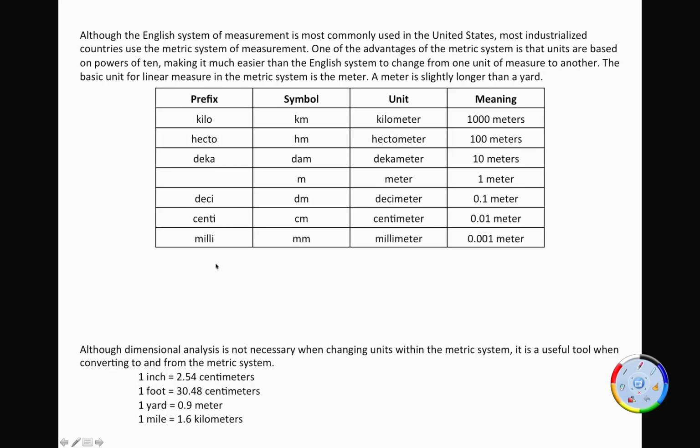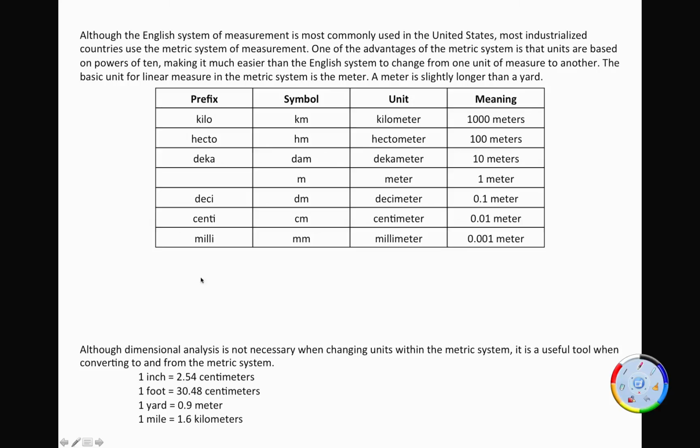But again, just to get an idea of what a kilometer equals, about half a mile, right? So if somebody tells you that the gas station is 10 kilometers, oh, well, I know a kilometer is about half a mile, so it's about 20 miles to the nearest gas station.